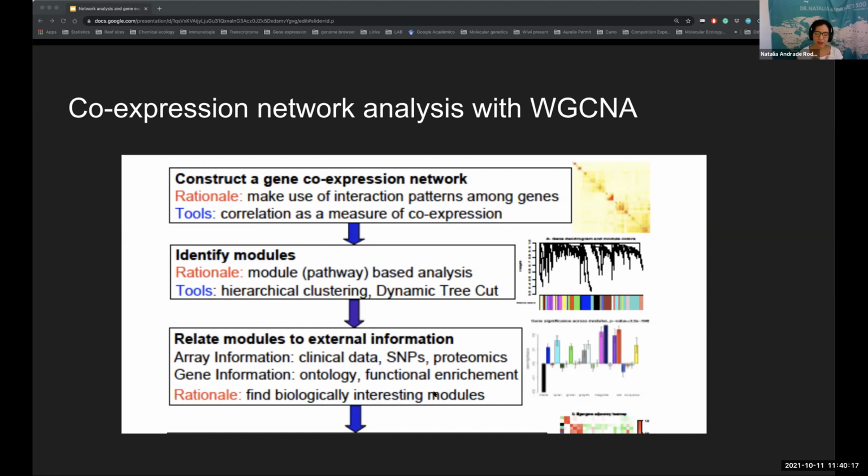This part is also very important, and in terms of corals it is very tricky because we don't really have very extensive information about it. I'm always worried about ontology because they give very big names to your modules or to your group of genes that not necessarily reflect the truth.